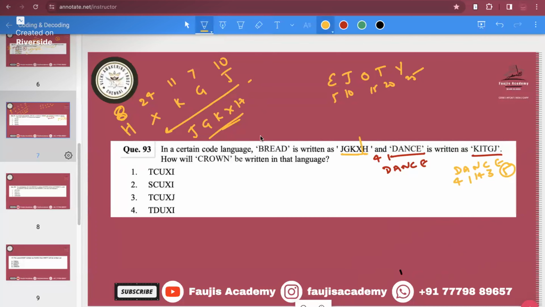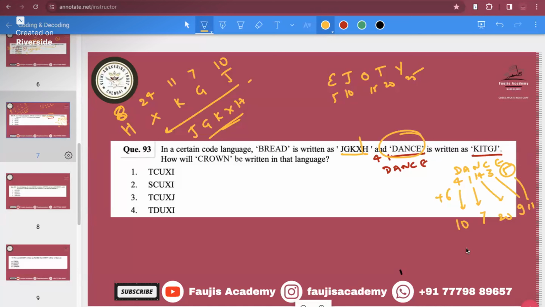the logic is pretty much the same. Okay, this DA and CE, this is like 4, 1, 14, 3, 5. The numbering I have done correctly. Plus 6, if you do, it will become like 10. It will become like 7. It will become like 20. Then it will become like 9. And it will become like 11.